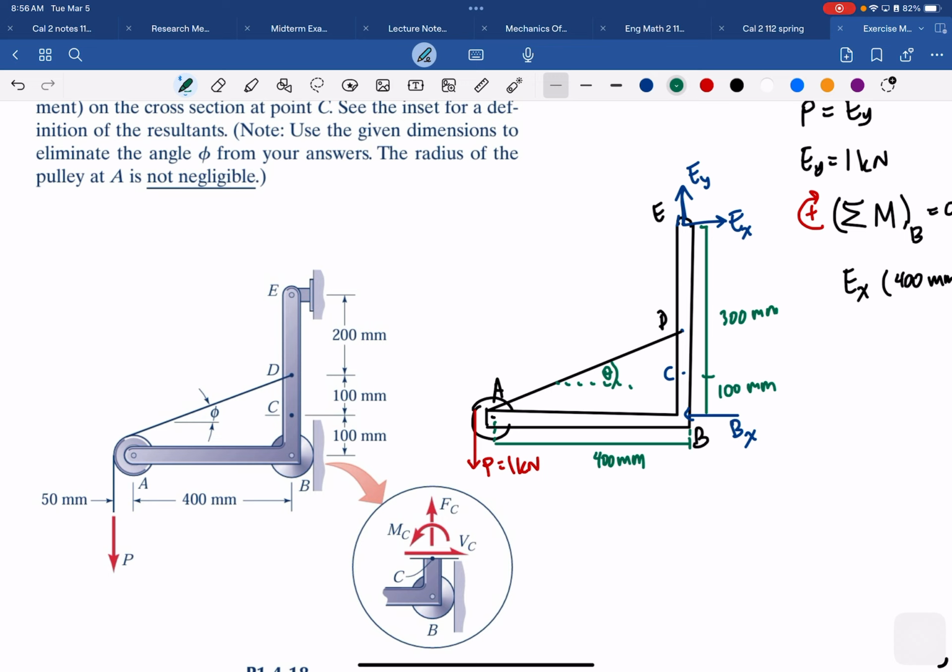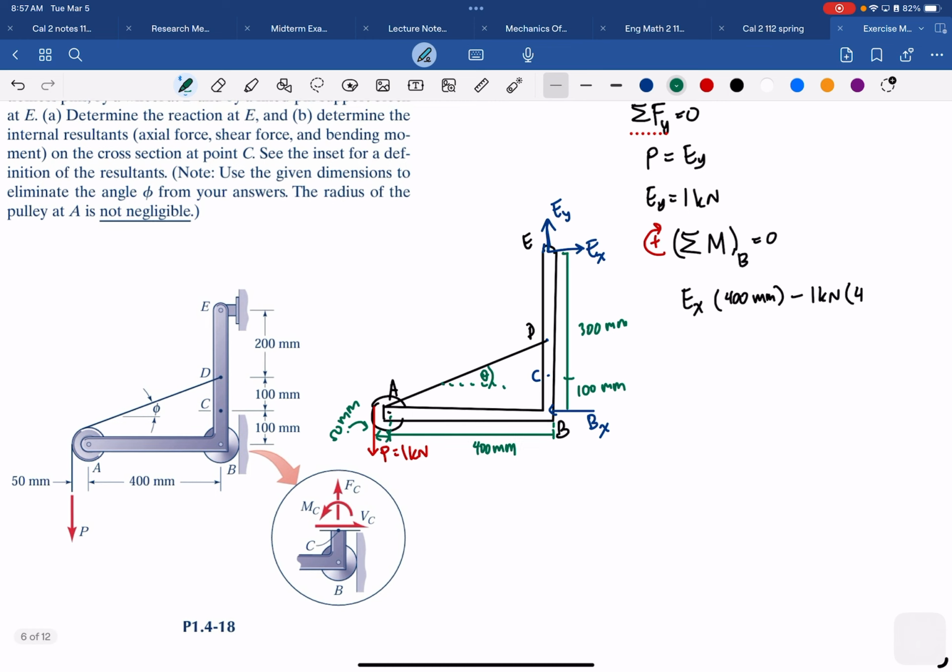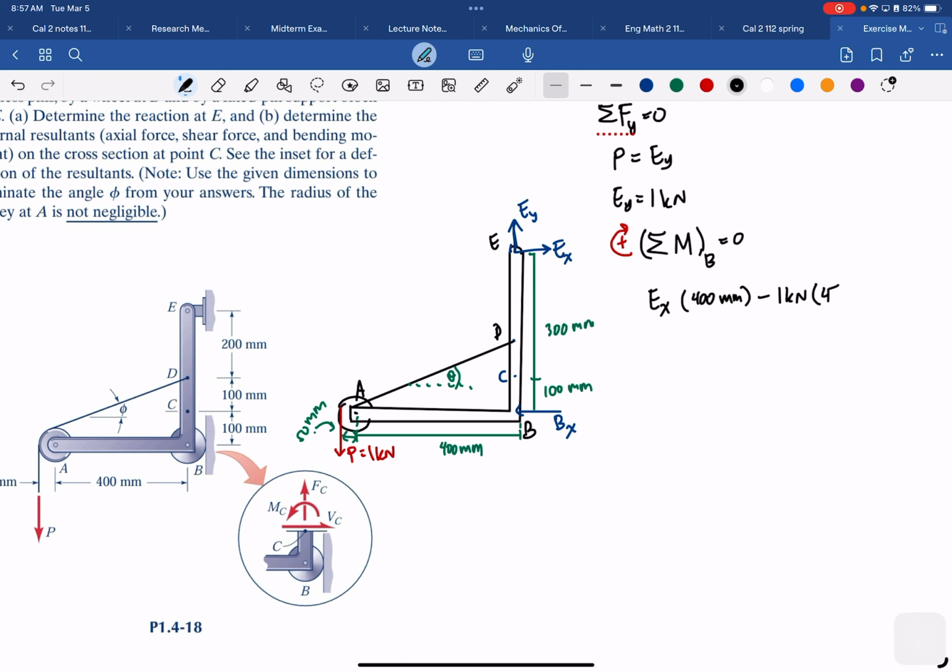And because the forces is at this end, so we need to add 50. So not 400, but 450, okay? So we need to add another distance here. I almost got it wrong. So this should be 400 plus 50. So 450. Okay, be careful on that. Okay, and then this will be 0. And then you can compute that and get E.